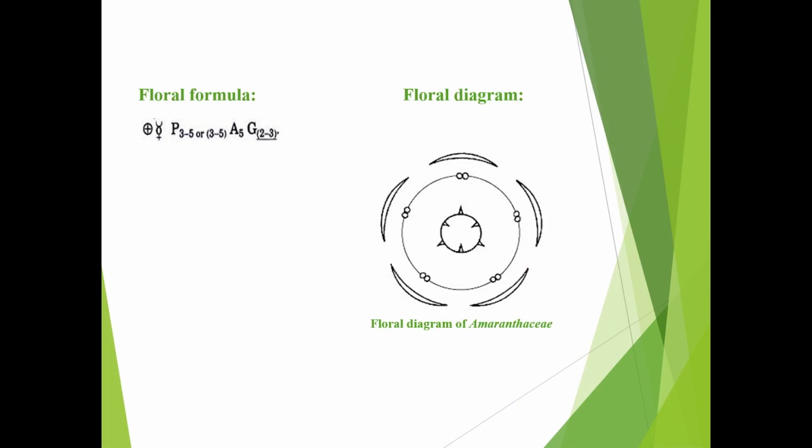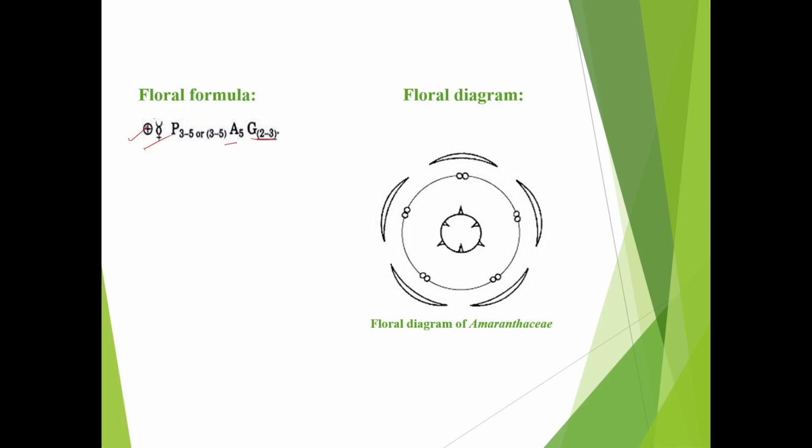And if you see the floral formula, generally they are actinomorphic and bisexual, and the perianth number is 3 to 5. They may be either gamotepalous or free. Androecium number is generally 5 and the gynoecium may vary from 2 to 3.